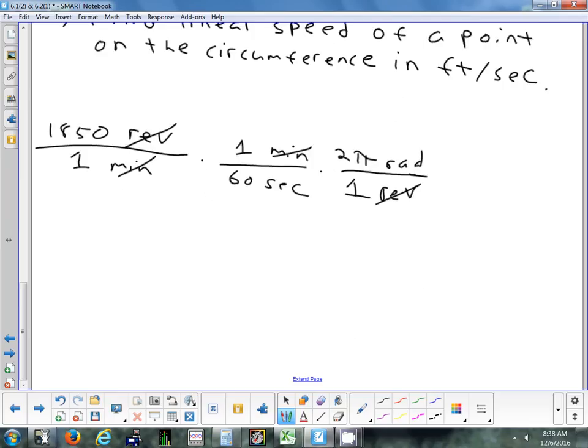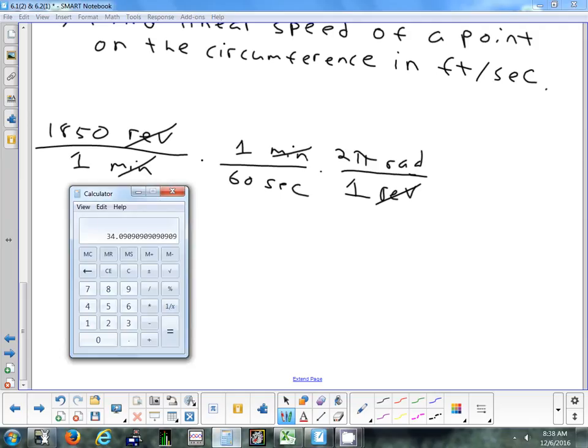Okay, so for this one, because it has pi in it, you can leave your answer as an exact multiple of pi, or we can round it. We'll just round it off. So 1850 times 2 times, now on this calculator I don't have a pi button, so I'll just type it in.